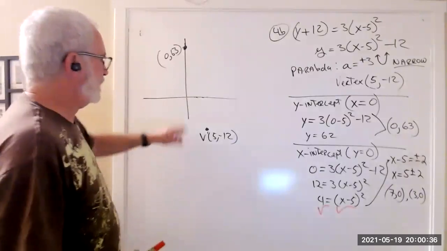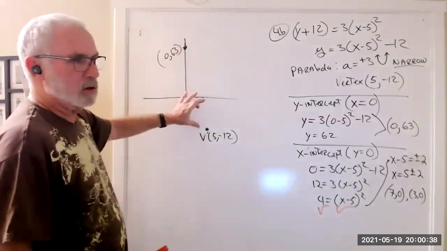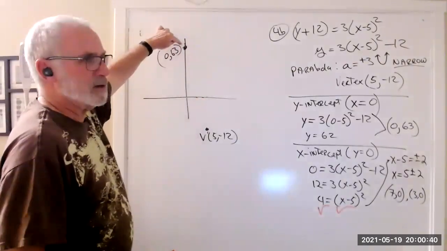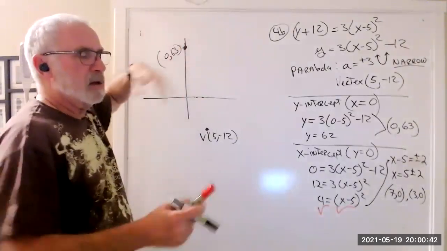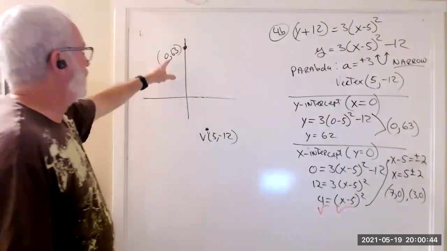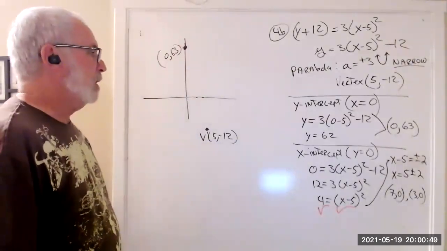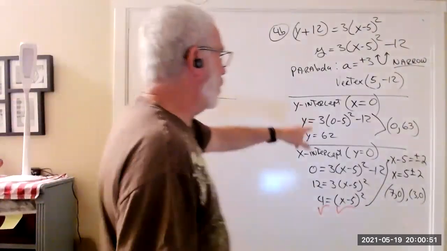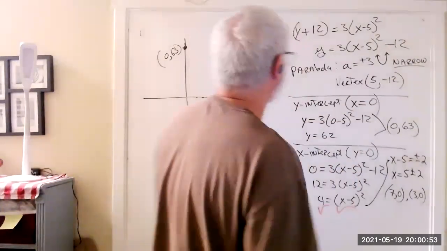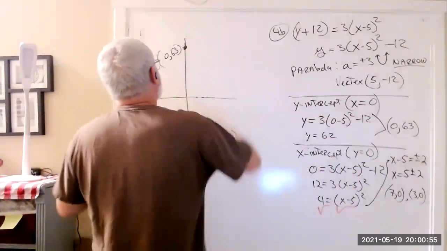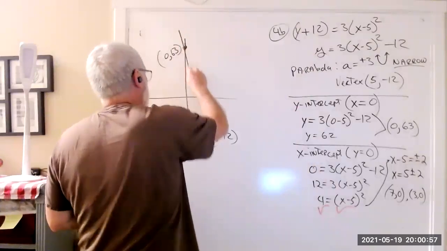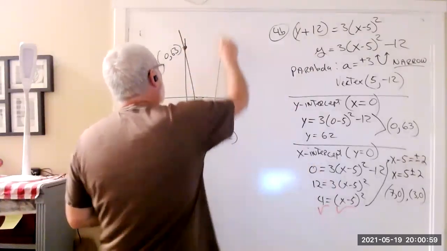The scale is totally wrong. If that's 12, that can't be 63 up. But it gives us an idea. That's why you label the ordered pairs, so I can also read. Now, I'm going up and I'm very, very narrow. We talked about that. So it's coming down like this, going up like that.